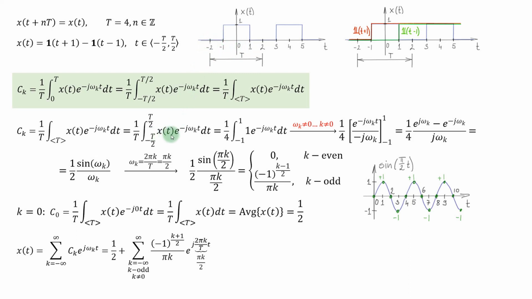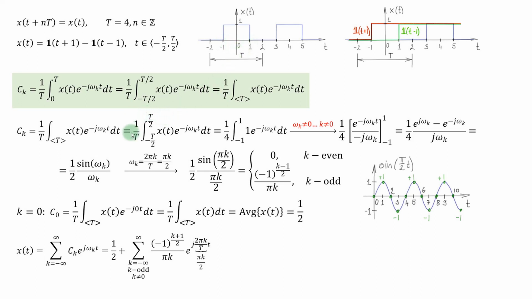So this entire expression will be 0, and I do not need to integrate it. The same goes for time within this interval. Here my signal is 0 again, so this entire expression will be 0, and I do not need to integrate over this interval as well. All I need to do is to integrate over this interval, from minus 1 to 1.